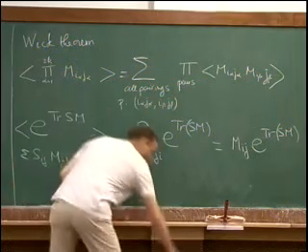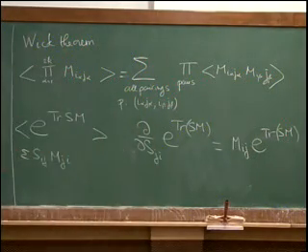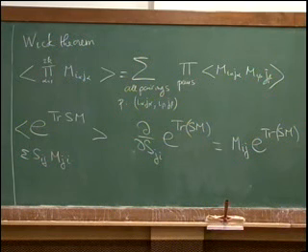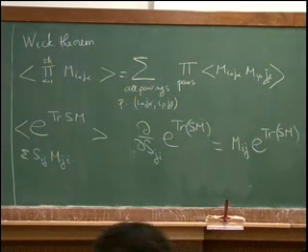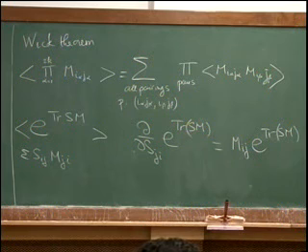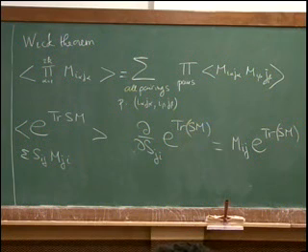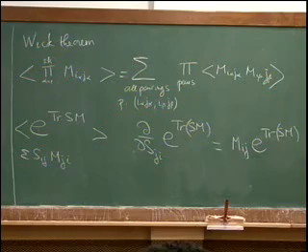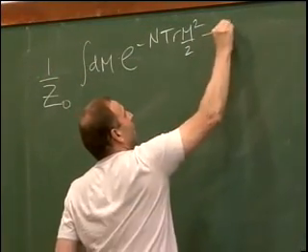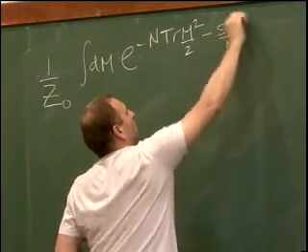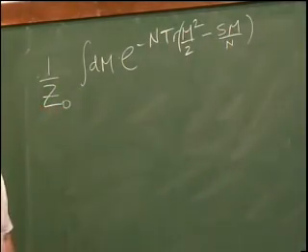So let's compute the average of e^(trace SM). It is a very simple thing, because I'm looking at a Gaussian integral after all. So what is this Gaussian integral? It's 1 over Z_0 times the integral dM e^(-N trace M^2/2), and then minus SM over N. I put everything in the same trace.